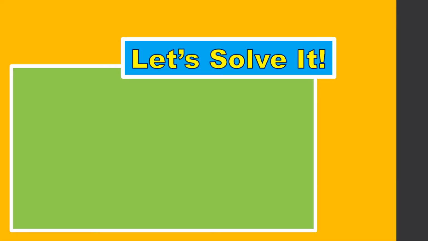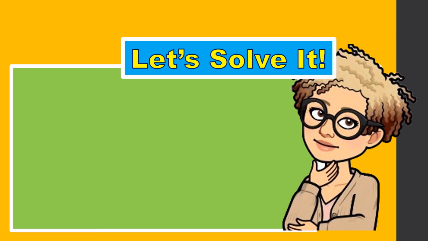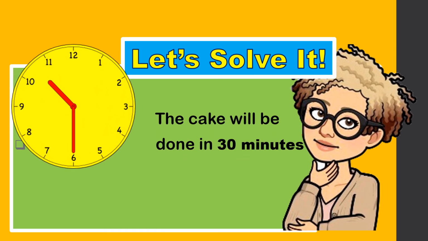We've already considered the time, so now we need to pay attention to the vocabulary. Is your thinking cap still on? Well, let's go. The cake will be done in 30 minutes. So that means then the clock will look like this. The long hand is at 6.